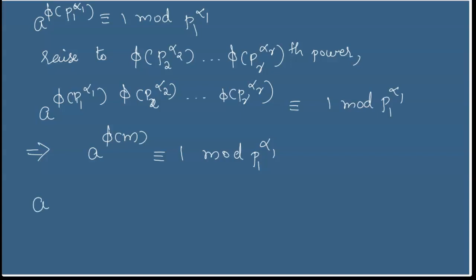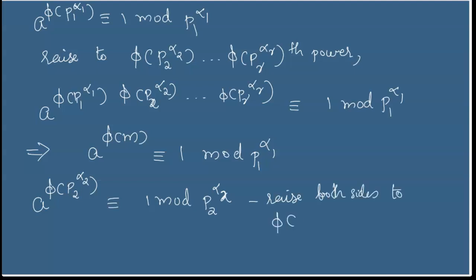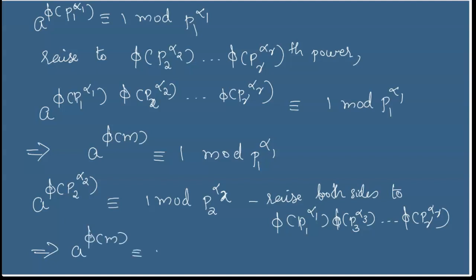Similarly, if we consider the second congruence, that is, a raised to φ(p2^α2) congruent to 1 modulo p2^α2, and raise both sides to the power φ(p1^α1) · φ(p3^α3) · etc. · φ(pr^αr), then we will obtain the relation a raised to φ(m) congruent to 1 modulo p2^α2.